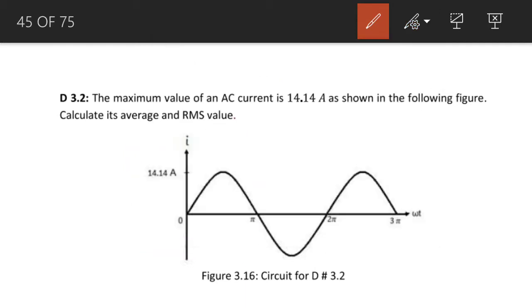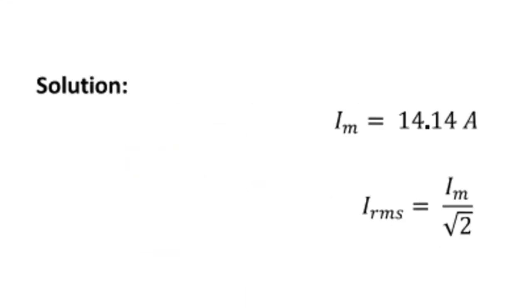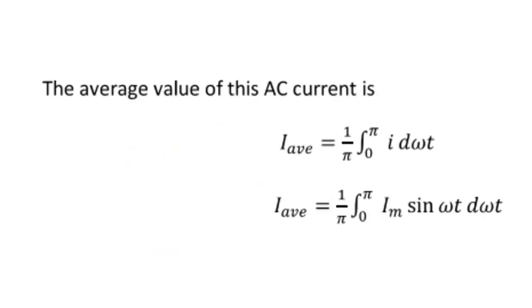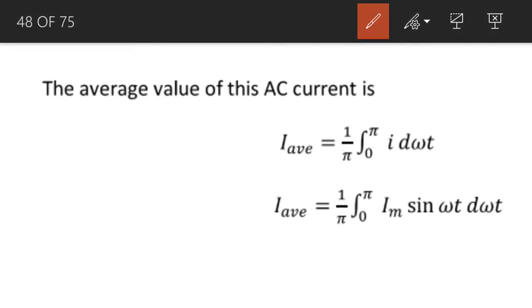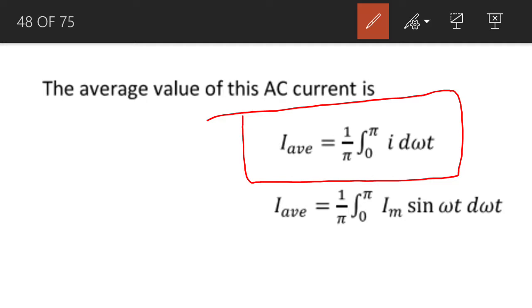So in order to calculate the average value of the AC current, we use this particular equation. We have 1 over pi, the integration from 0 to pi of I d omega t.